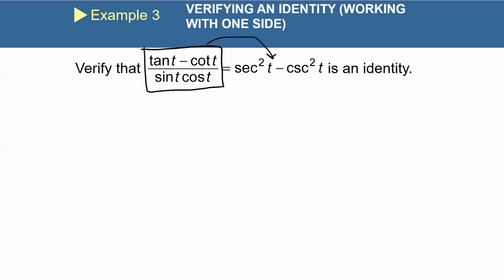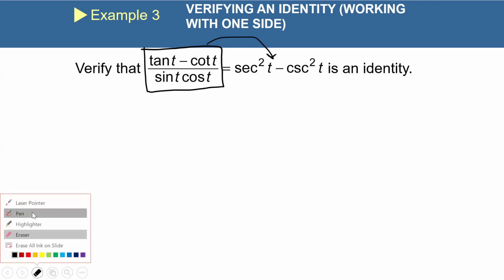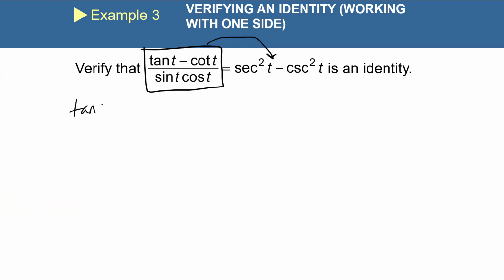All right, so when you have a subtraction and one term in the denominator, you can separate these two. It's like undoing your distribution. So I can separate these two to become tangent minus cotangent.